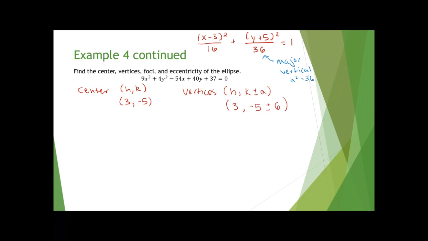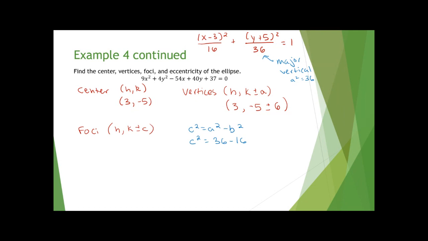Now, next is the foci. The formula for something that is vertical is h comma k plus or minus c. So we need to find c. We don't have c, we have a squared and b squared, but we can use those to find c. So c squared is a squared minus b squared. a squared is 36, b squared is 16.